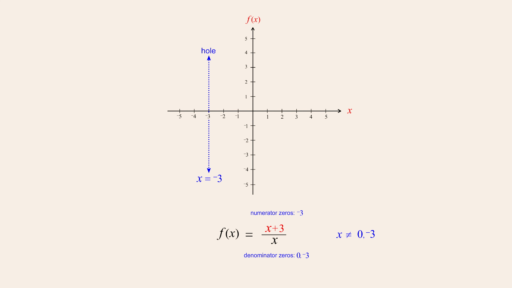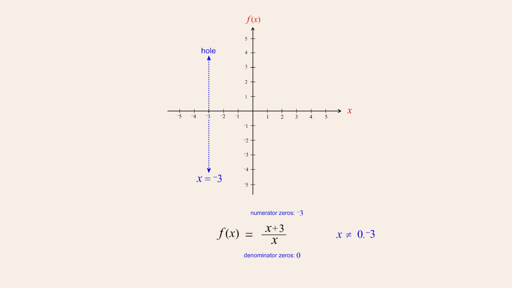The numerator still has a 0 of -3, but the denominator now only has a single 0 of 0. Since we have eliminated all factor pairs that produced holes and reevaluated the zeros, any remaining numerator zeros will correspond to x-axis intercepts, and any remaining denominator zeros will correspond to vertical asymptotes.